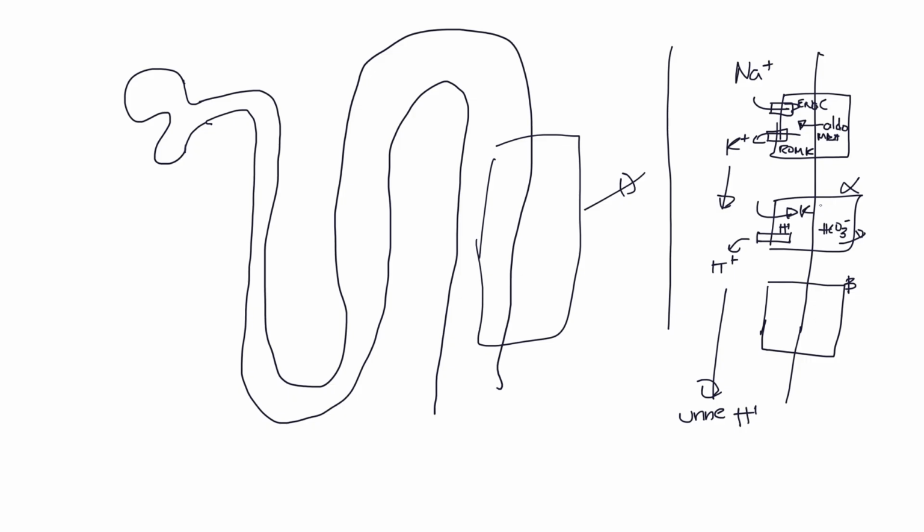Now, this starts to fall apart when we really understand that in contraction alkalosis, or in a high RAS state, we actually ramp up our absorption of sodium, especially in our proximal tubule, our ascending limb, and our distal convoluted tubule. That actually leaves very little sodium reaching the very distal portions of the nephron.